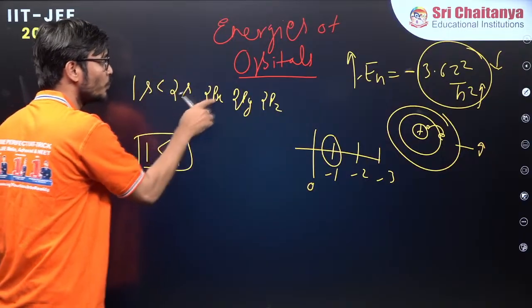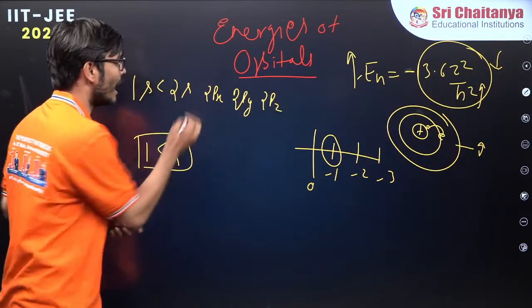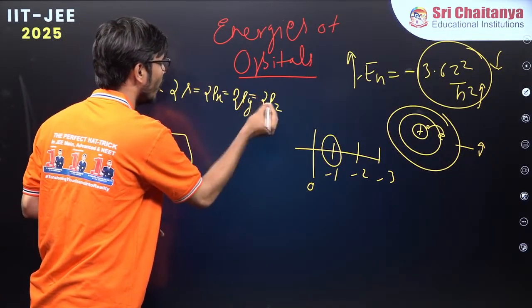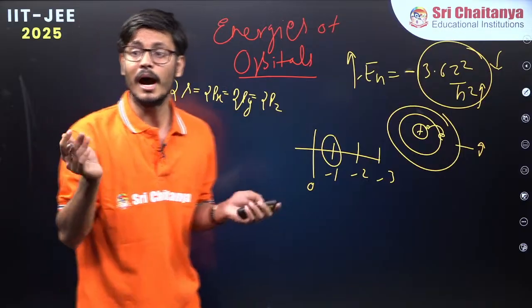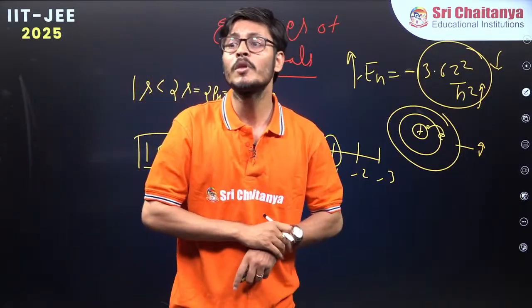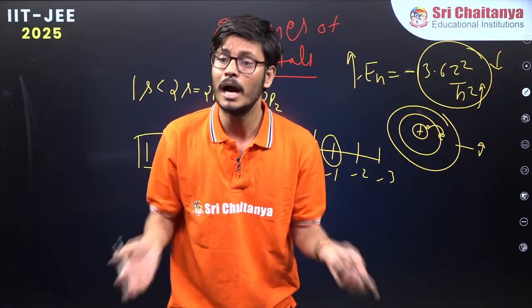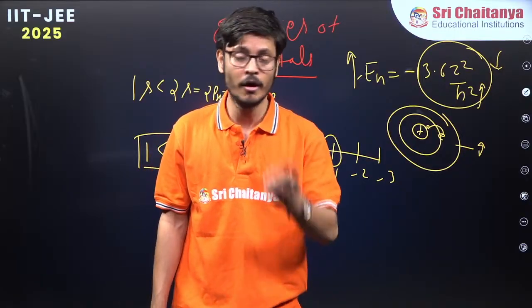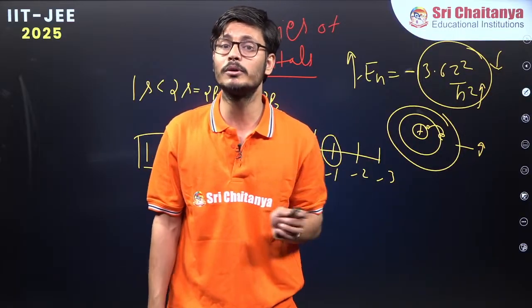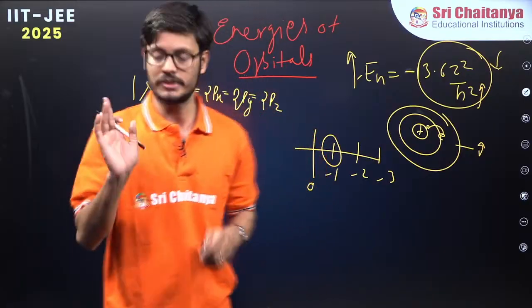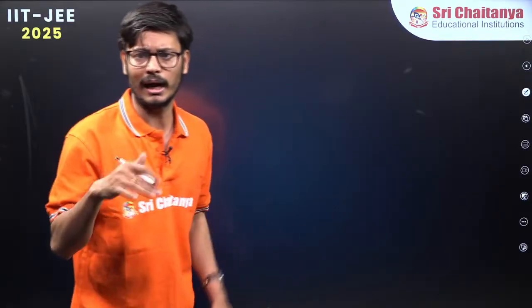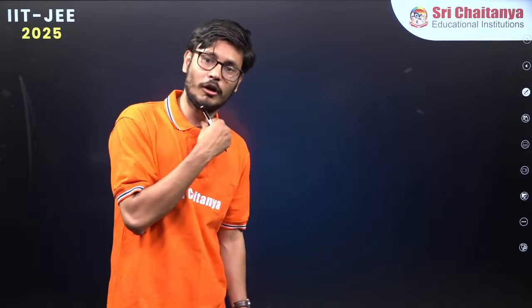But among 2s, 2p, which is more? Are they the same, or do they have different energies? How do we know, sir? For that, I am going to explain a concept known as penetration and shielding. Stick to this, guys. Very interesting concept, and I'll close the class with this one, and then we'll start the electronic configuration tomorrow.